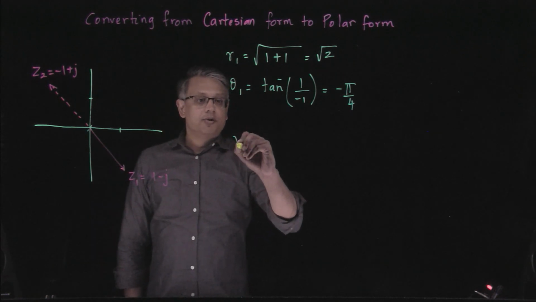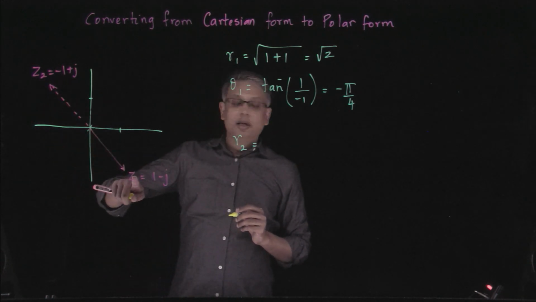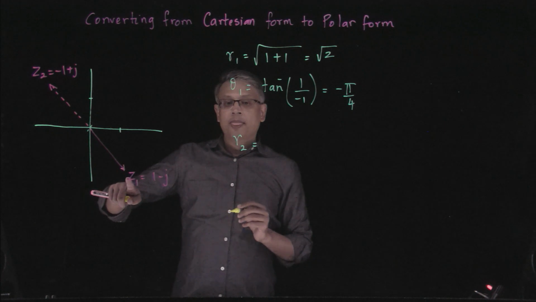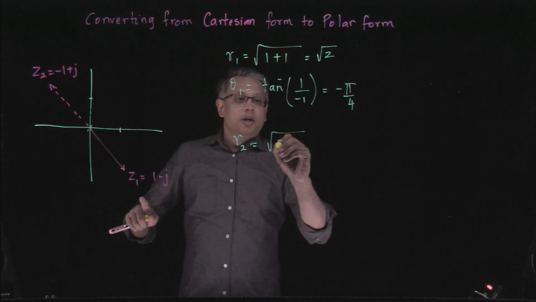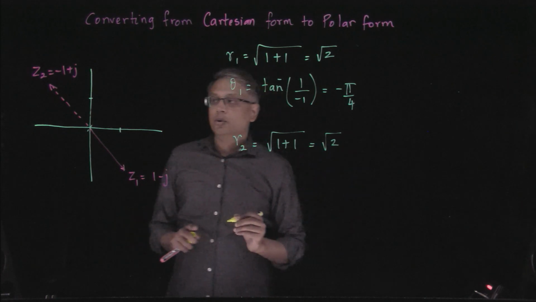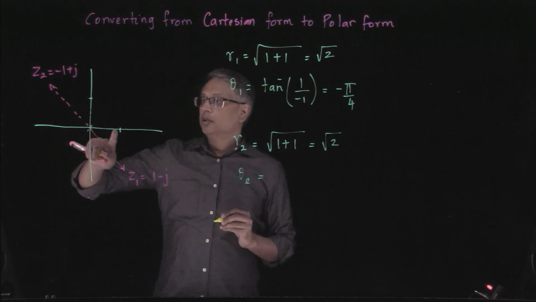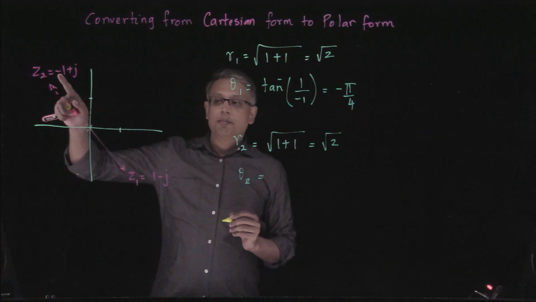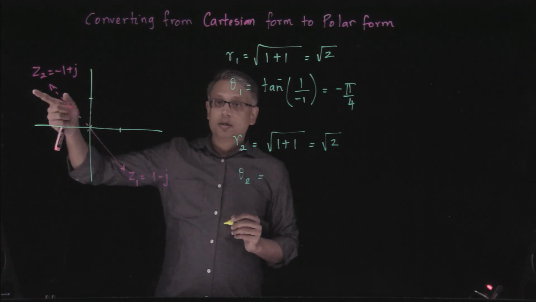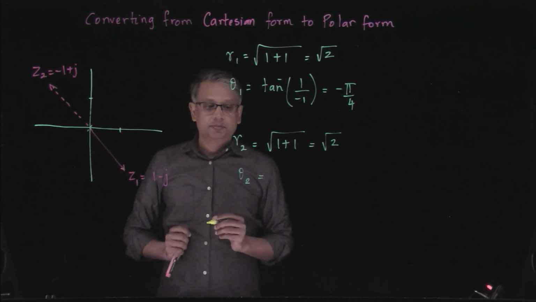Now, however, if you try to repeat the calculation for z2, which is the negative of this complex number, you would have no problem computing r2, which is still square root of 2. But what should be the angle theta 2? So you notice that this complex number lies in the second quadrant. So the angle that we get should be something that's between pi over 2 and pi, right?